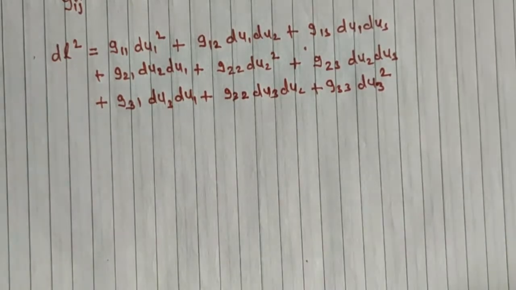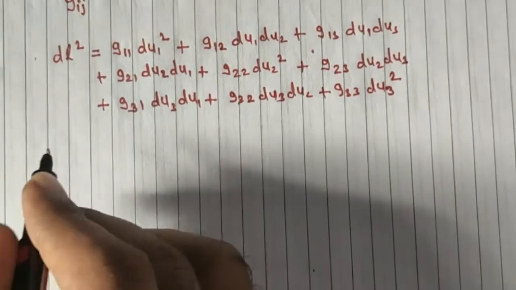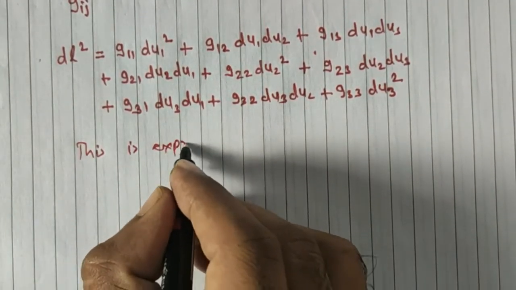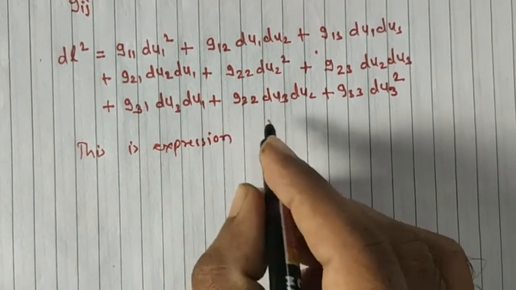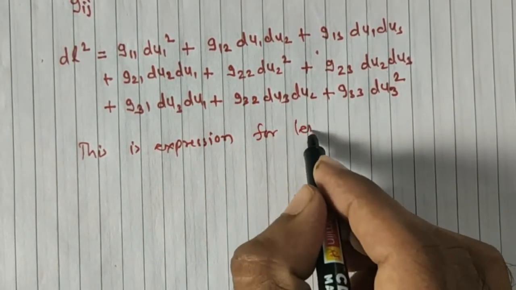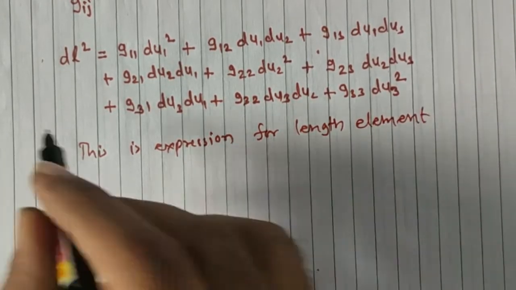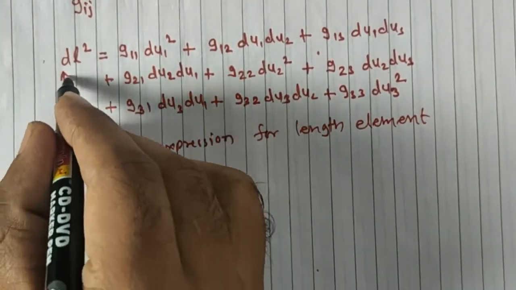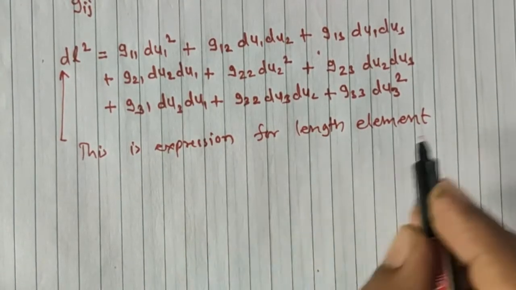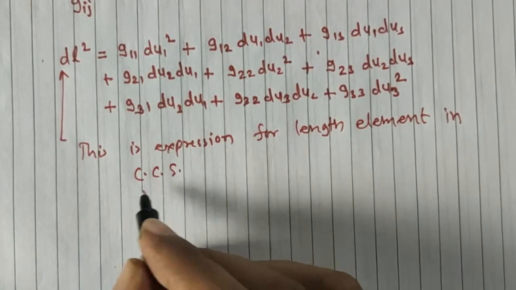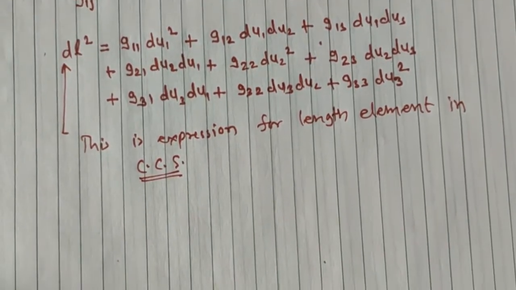Let us see what else we can do in it. So this is the expression for length element in curvilinear coordinate system.